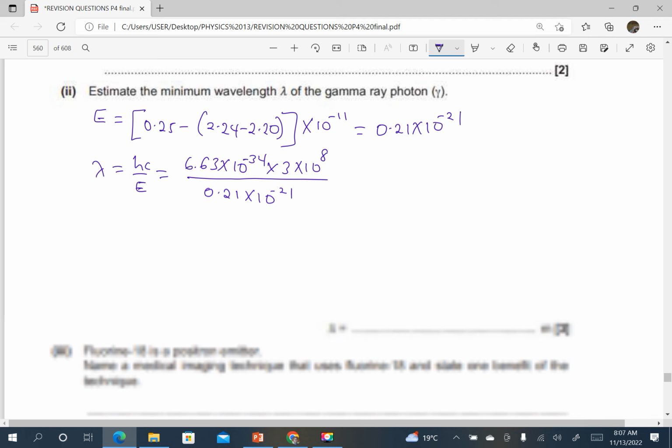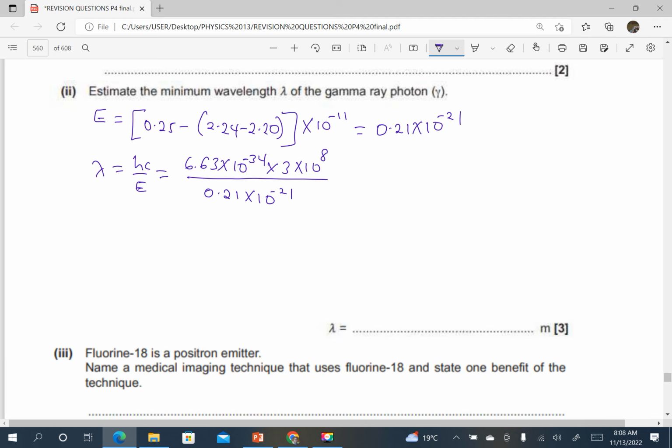And when I press my calculator, this gives me 9.5 times 10 power negative 14 joules.